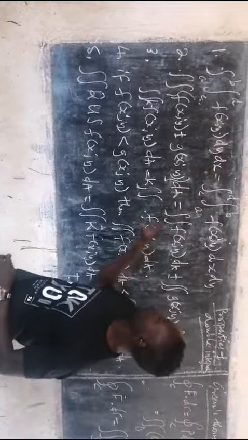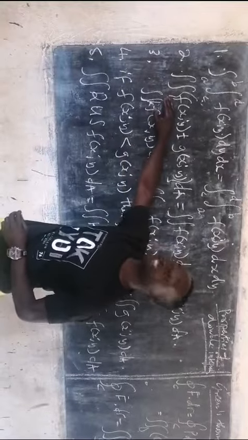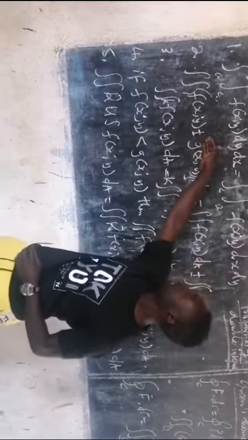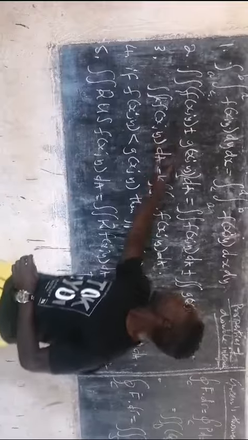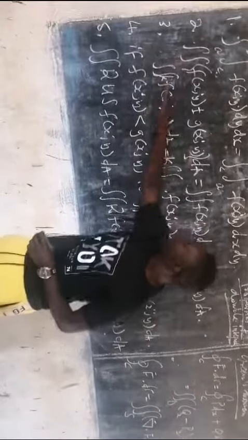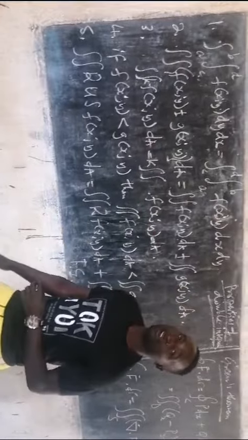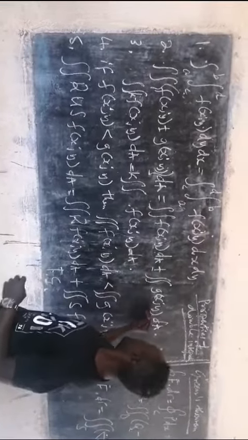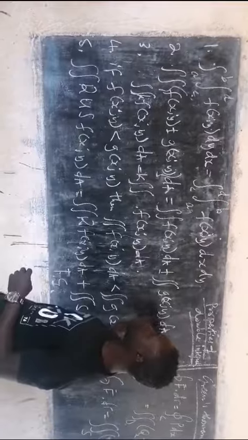So this is equal to the double integral of the first function, plus or minus, the double integral again of that other function, like what we are doing here with respect to dA.